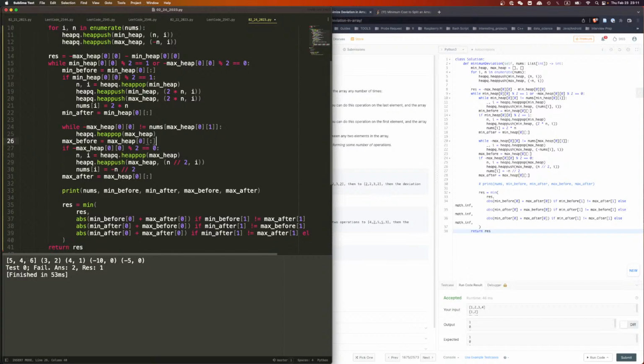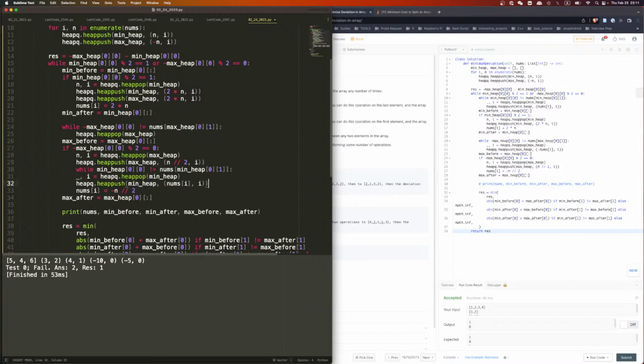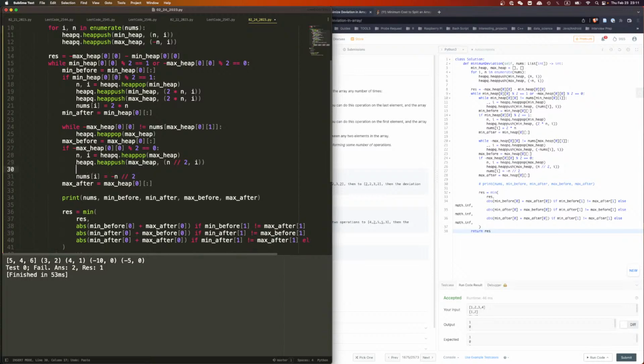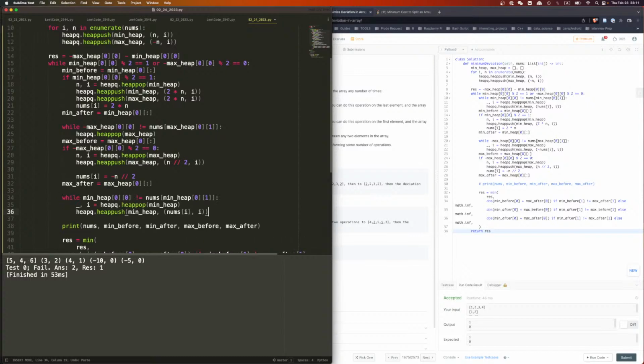And I have a max before. And then I do a max after. Oh, that's not where it's supposed to be. All right, we'll do a max before. So this max before is before I do this, right?